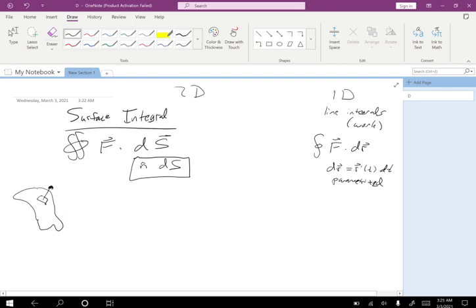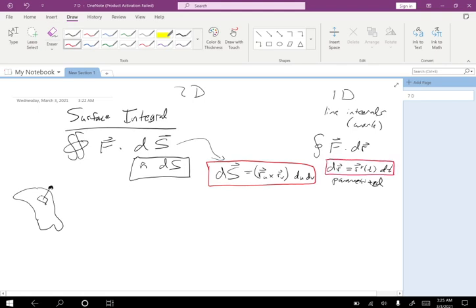But so it's natural to wonder if dS has a similar interpretation. So actually, I claim that dS is some derivative of r times du dv. In fact, it's r_u cross r_v times du dv. And it's the natural generalization of that 1D formula.